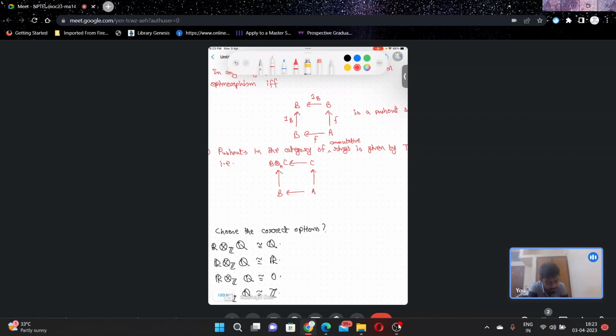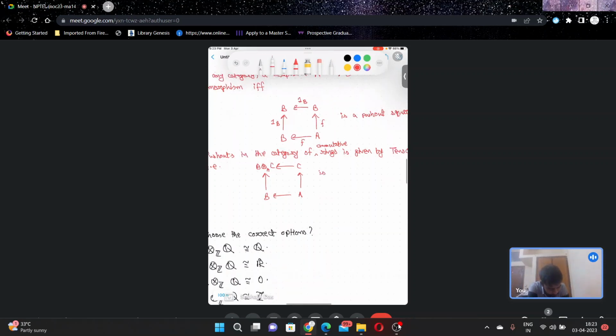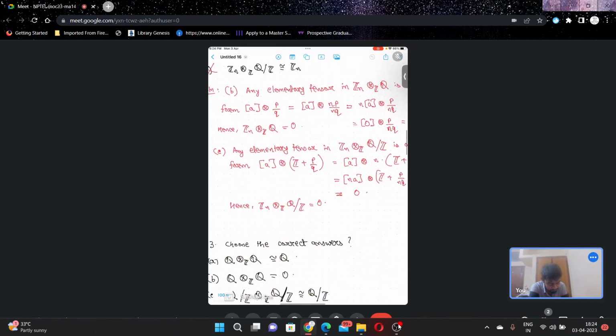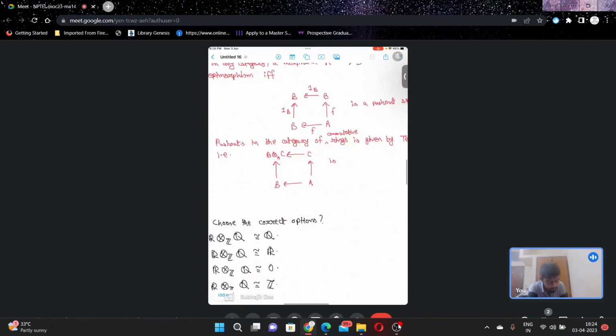You check that this is a, so let's say this is F. Let's call this G. You have a canonical mapping of C into this, you have a canonical mapping of B into this, right?